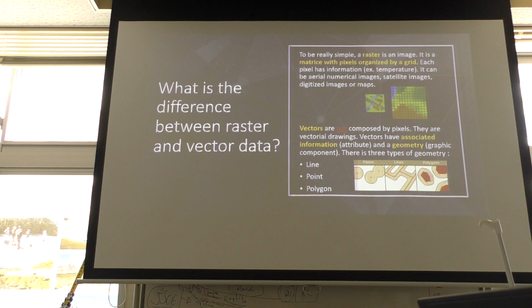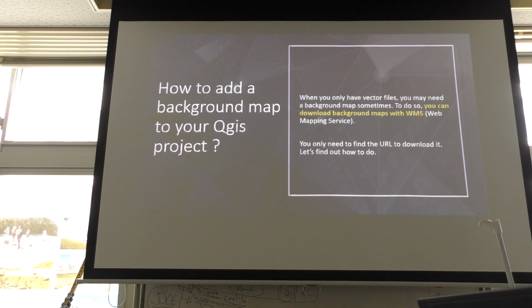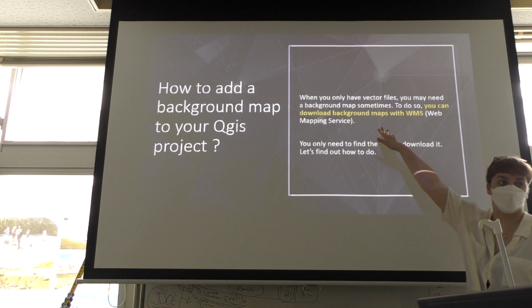So today I will explain to you how to add a background on QGIS to work on, okay? When you work on raster, you can download images and put them on QGIS, but you can also use a web mapping service.